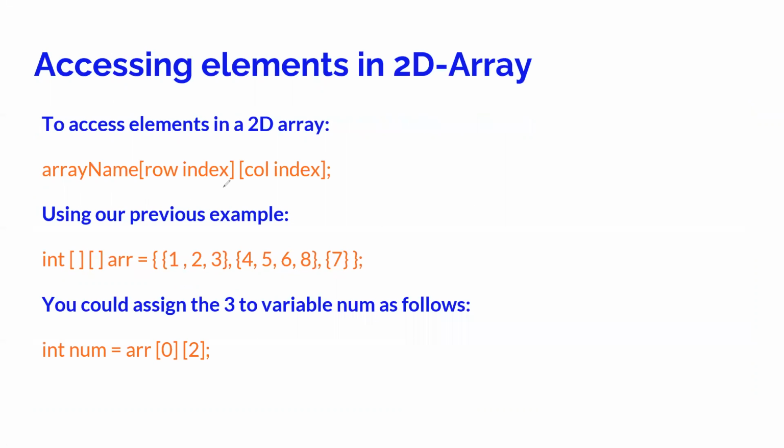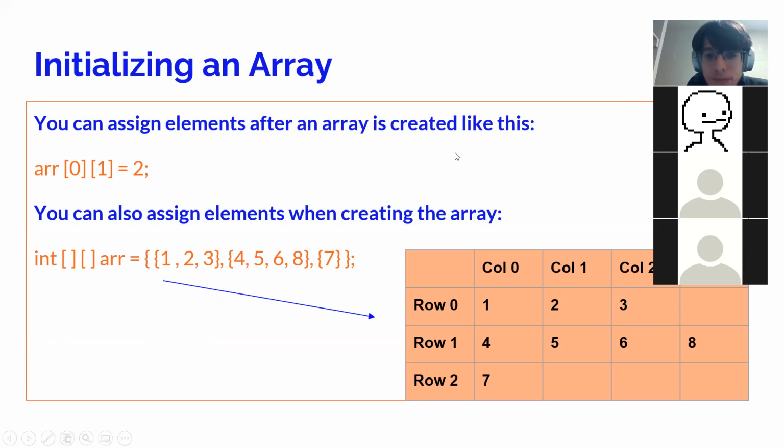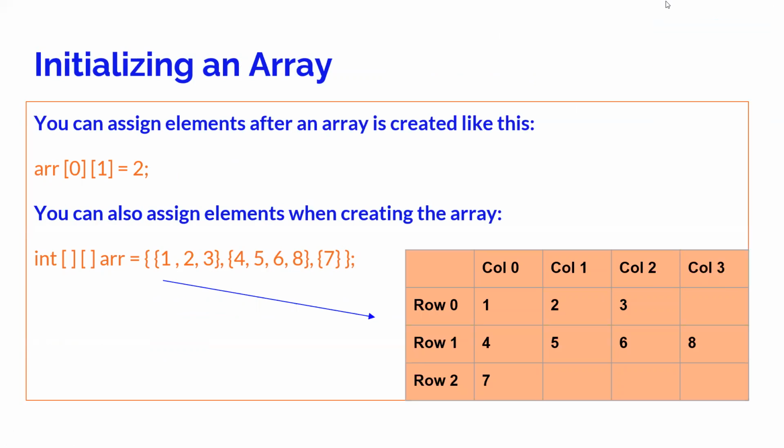So if you access elements in a 2D array, it's kind of like we were doing with assignment. I have a question. Go for it. Can you go back to the table you had? Wouldn't those empty spaces be filled with zeros? Oh, that's a great question. In this case, no, they wouldn't be, because we defined this to only be of length 3, this to only be of length 4, and this one only of length 1.